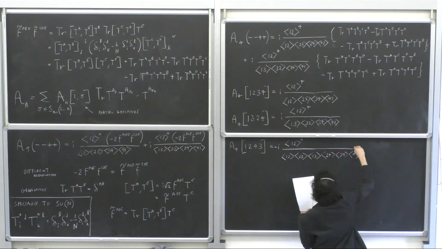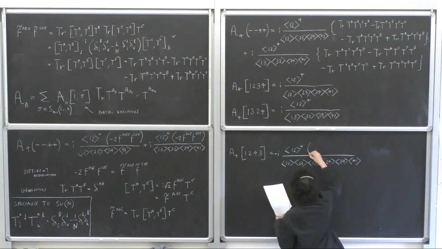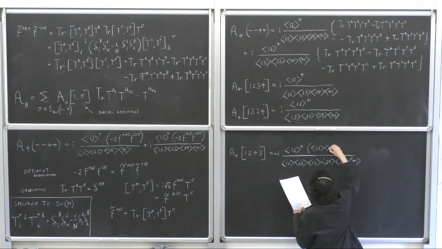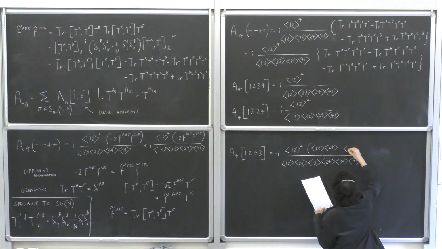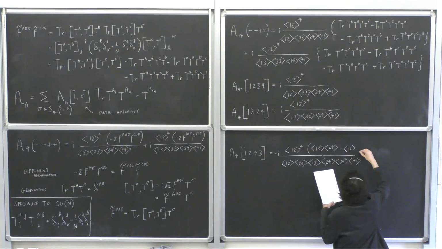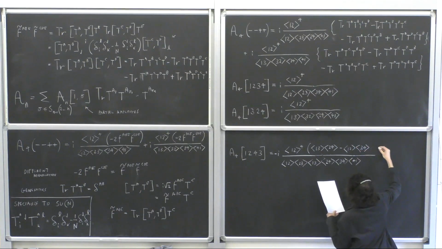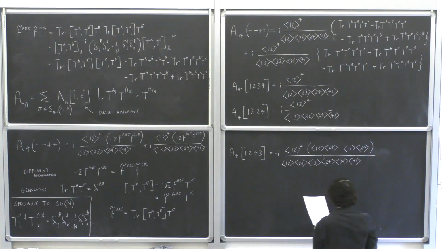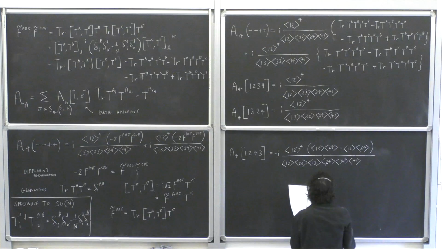And then we collect together the two terms, and these two terms are a 1, 3, 2, 4, minus 1, 2, 3, 4, which are the two terms. And now we understand that this is a Schouten identity.